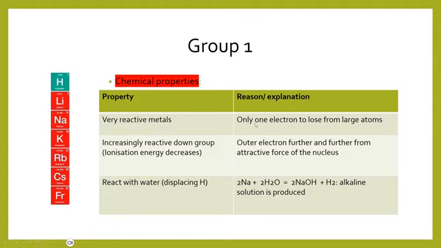Aha. It gets bigger. They become more reactive down the group. Oh, because they're getting bigger. They're still only losing 1 electron, but going down the group each time there's a new shell. I see. And they react with water because they're higher than hydrogen in the electrochemical or reactivity series, and etc.